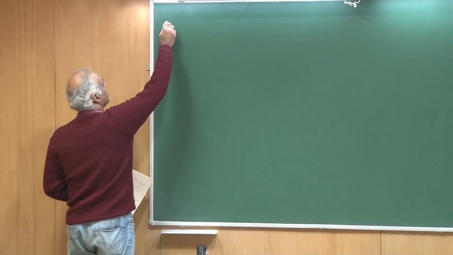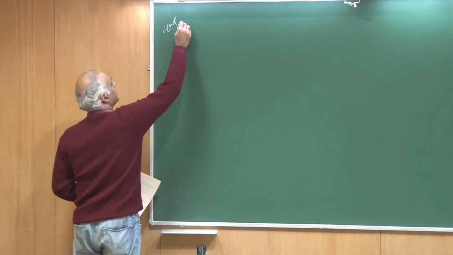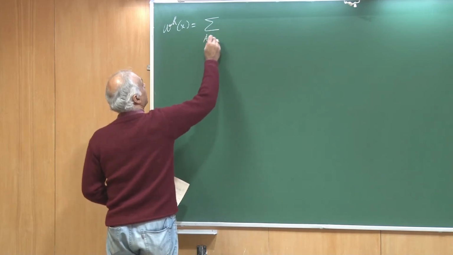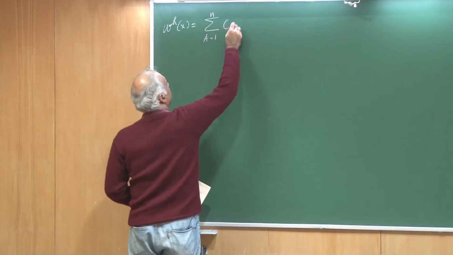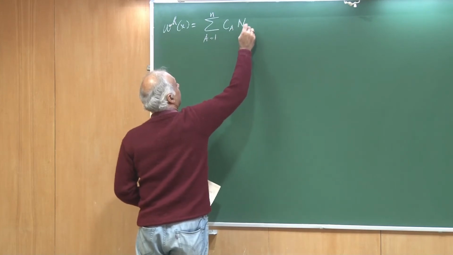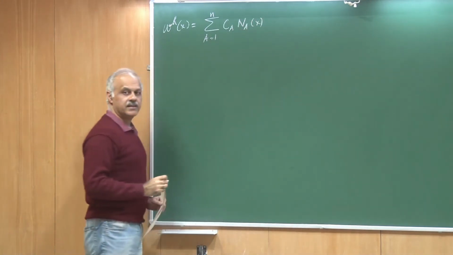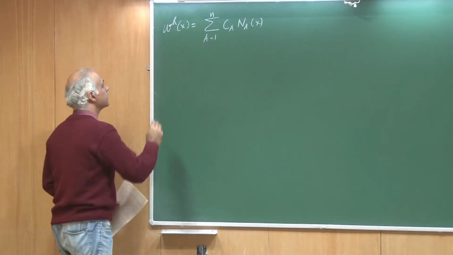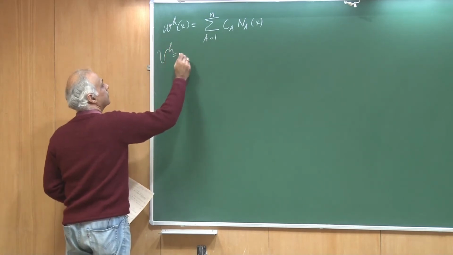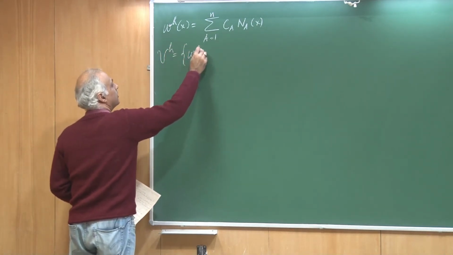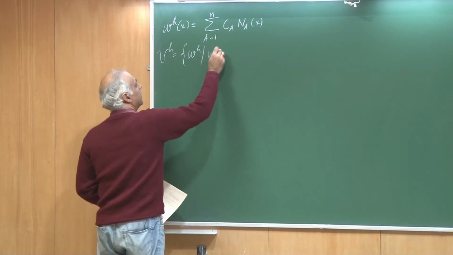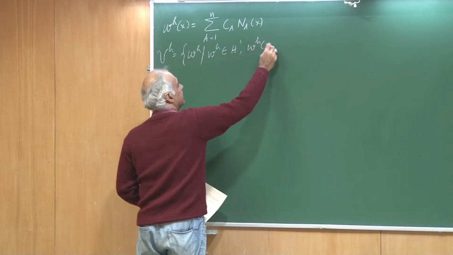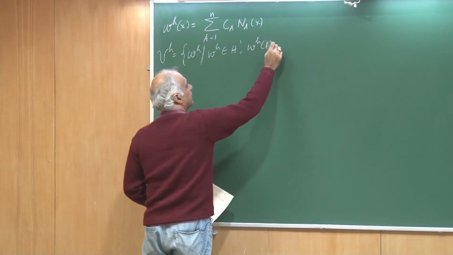So, we have talked about representing Wh(x) as summation A going from 1 to n C_A N_A(x). Let me remind you what the space was, the Vh. So, Vh consists of these functions Wh such that Wh are H1 and there is an additional condition that Wh at 1 is 0.